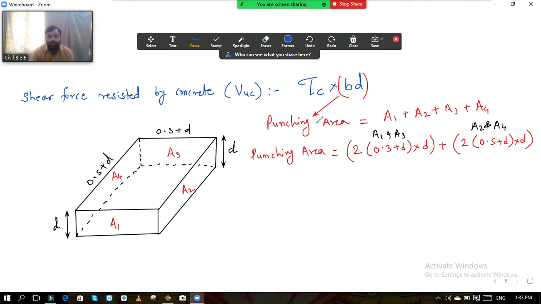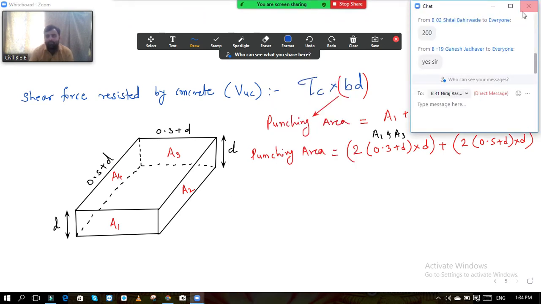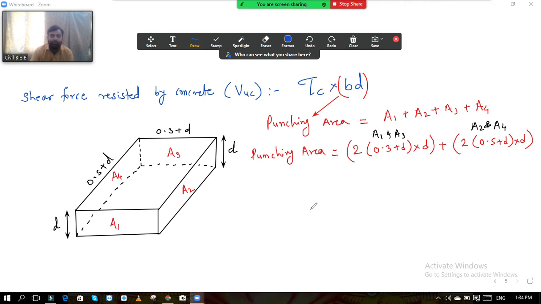So now if I write over here, shear resisted by concrete. Okay, do you understand? Okay, good. So shear resisted by concrete, VUC. So what is the permissible stress in concrete? Whenever you talk about the concrete, always remember that we always think less than the permissible stresses.